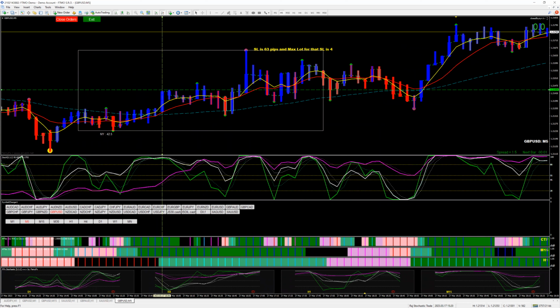Stop loss is below this. You can see that's the daily 1 hour 1 ball. That's a 33 pips stop loss. So 63 divided by 33 times 4, and that's 7.6 lots.